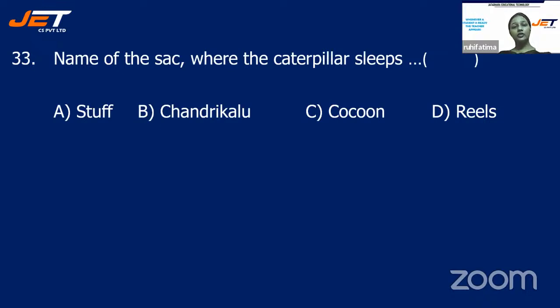Name of the sacs where the caterpillars sleep: stuff, Chandrikalu, cocoon, or reels. Just now we discussed it is cocoon, right? The caterpillar, or larva of silk, is there in the cocoon.